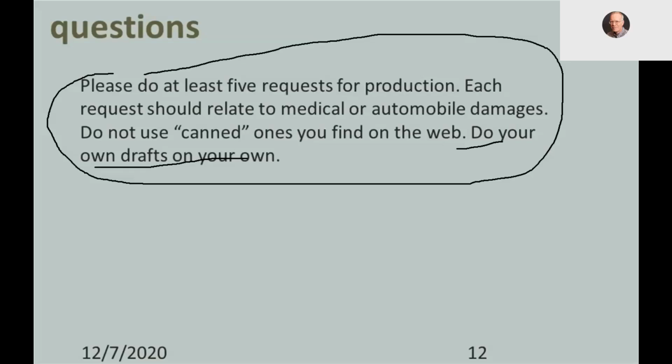I want your personal drafts, even if you feel that somebody else's would be better, because I want you to exercise your own brain in drafting. Because you're developing your own drafting skill.